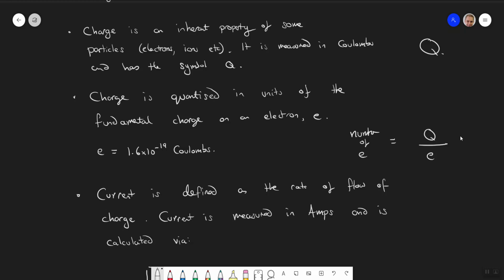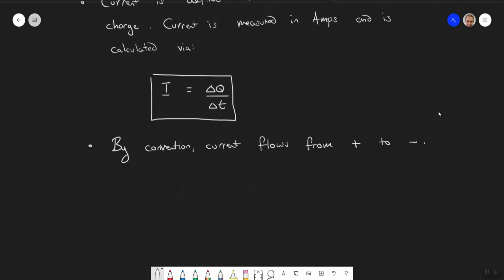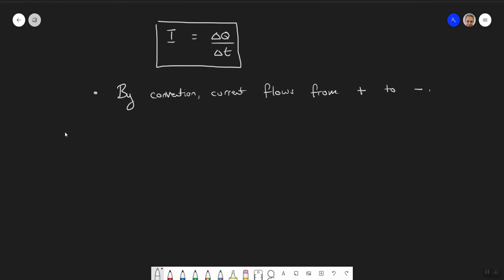For example, if you've got 24 coulombs, you have 24 divided by 1.6 times 10 to the minus 19. You end up with a huge number. This number you'll get to use a lot, it's going to become very familiar to you, so we'll deal with that later. That's where we are.